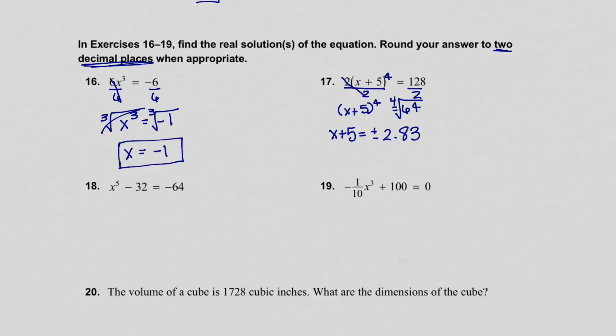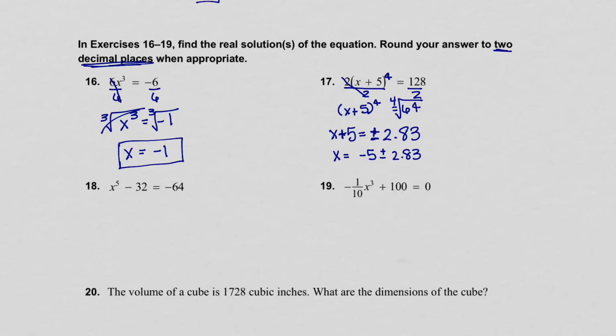So are we finished yet? Not quite, because we've still got this plus 5 that's stuck to the x over there. So I need to subtract 5 from both sides. And when I do that, x equals negative 5. I'm going to list that out first because I can't put anything between this plus minus and that 2.83. It's important to remember. So I've got plus or minus 2.83.